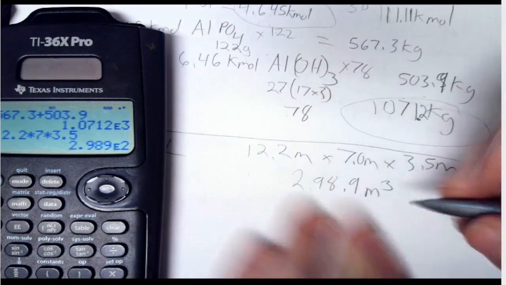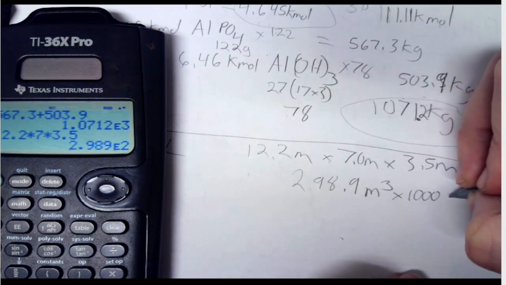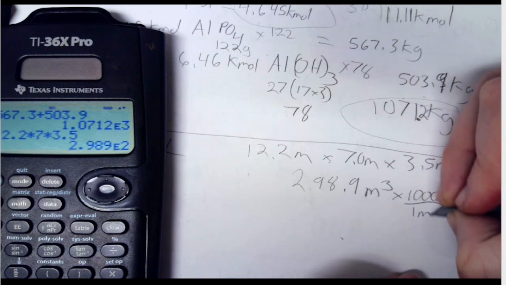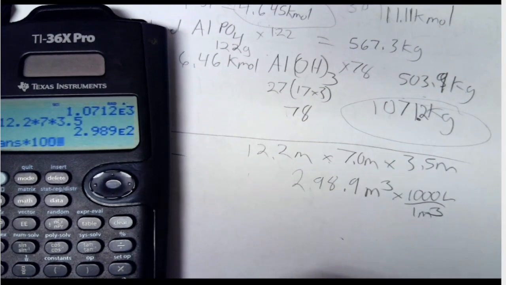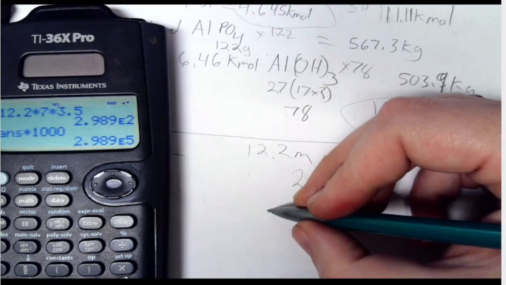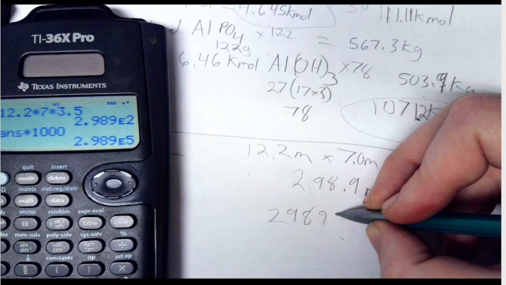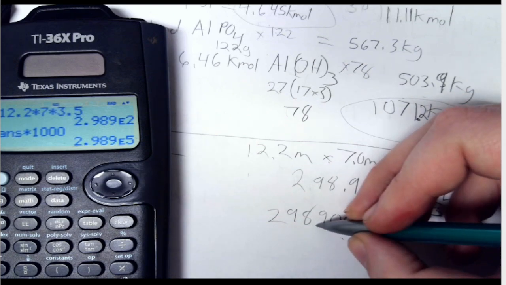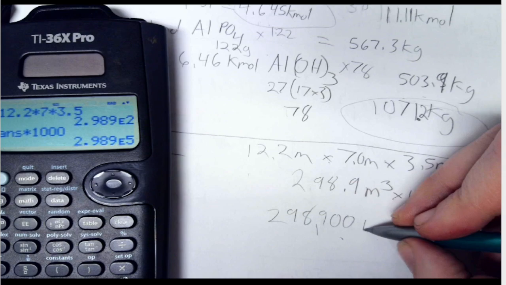Once again, we have to convert meters cubed into liters. So 1,000 liters in 1 meter cubed means essentially this is 298,900 liters.